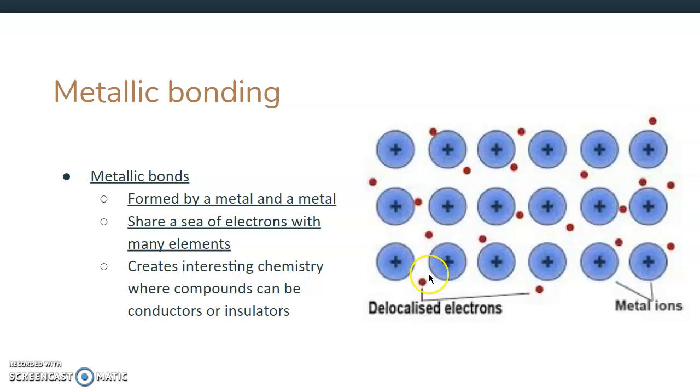So in our covalent bonds, it might just be two or three or four elements right by each other. But in our metallic bonds, we have maybe 20, 40, we have a lot, maybe even 100 different metal ions, different elements that are together.